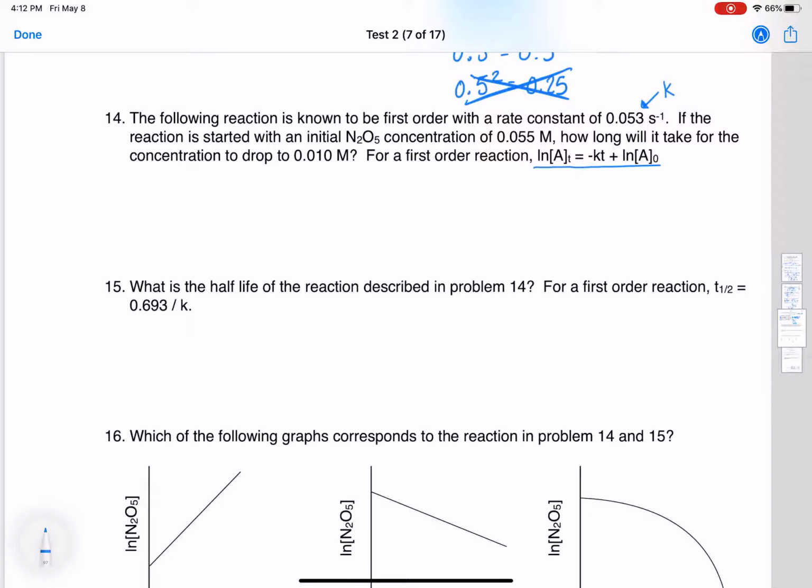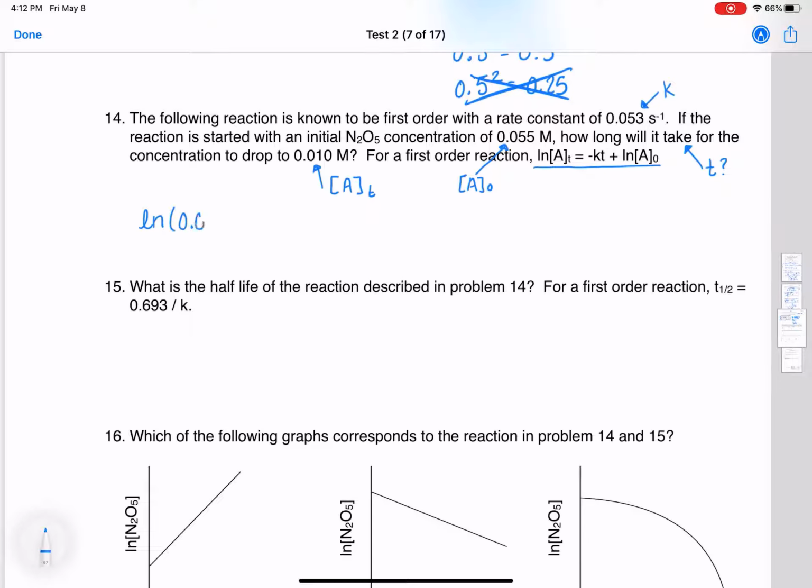We have an initial NO concentration, so that is A naught. And how long will it take? That's what we're trying to figure out. That's our time. And we're trying to figure out how long it takes for the concentration to go to 0.01. So that's our A at time t.